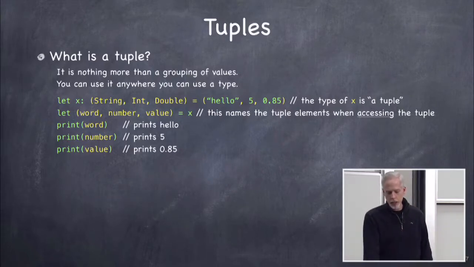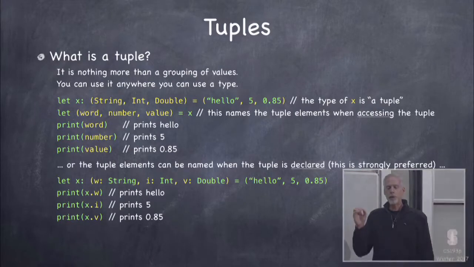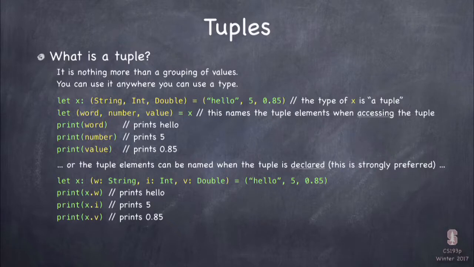Now, believe it or not, we don't do it that way most of the time, because it's also possible to name the elements of a tuple. Here I've defined x, same thing, string, int, double, but look, I've named each of them. I called the string part w, the int part i, and the double part v, for some reason. I still set it equal in exactly the same way, no difference there, but now I don't need to pull it out into separate variables.